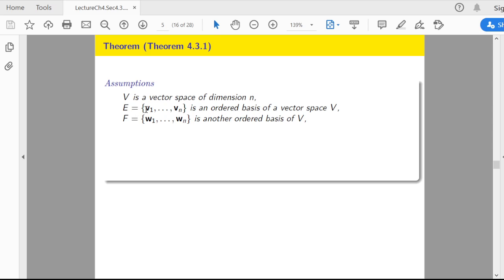Here we assume v1, v2, to vn is an ordered basis of V. And also we can find another ordered basis. This time we call it w1, w2, to wn.